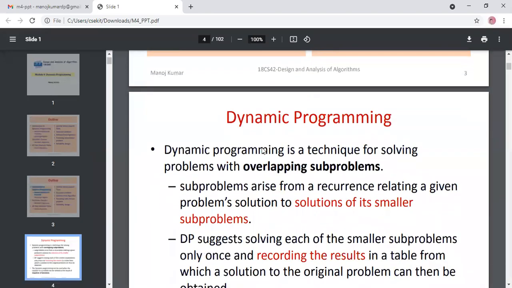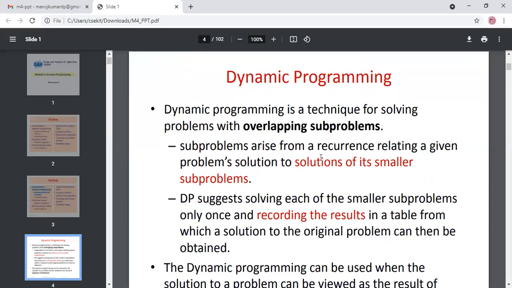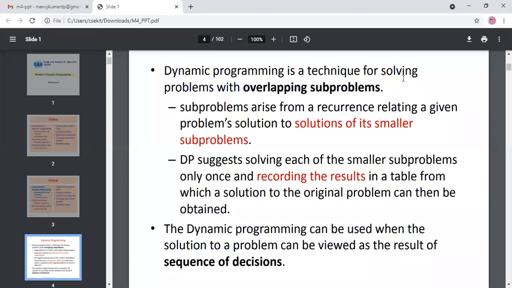Now we shall see what dynamic programming is. Dynamic programming is a technique for solving problems with overlapping subproblems. If you have many overlapping subproblems, then you go with the dynamic programming technique.